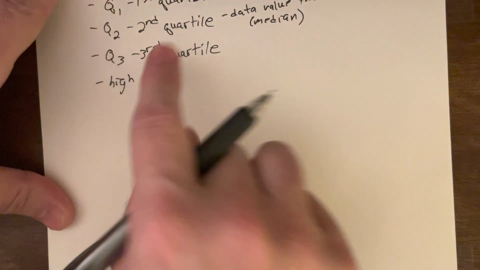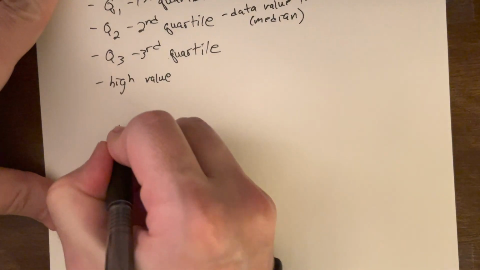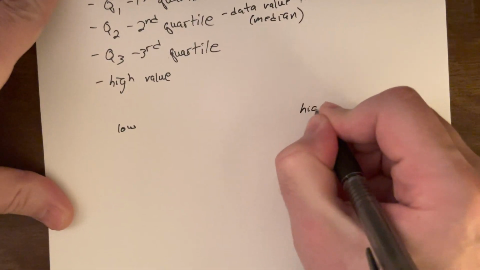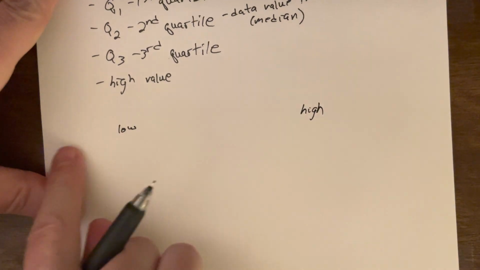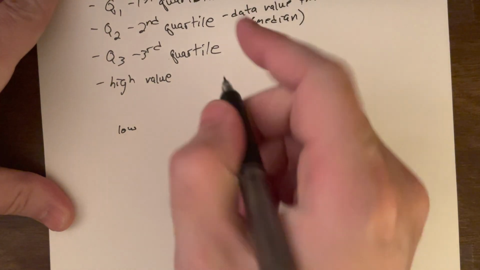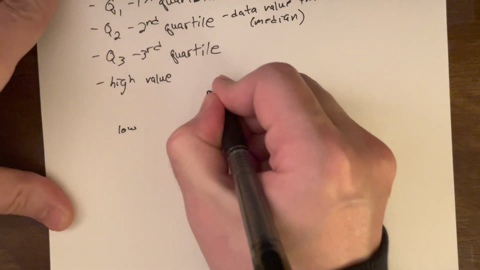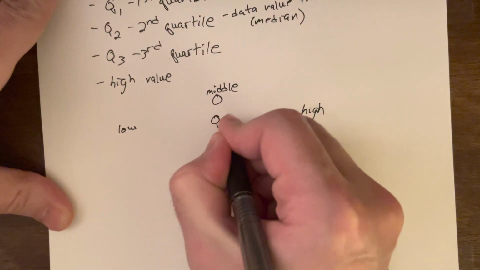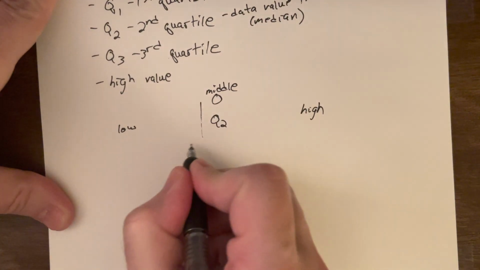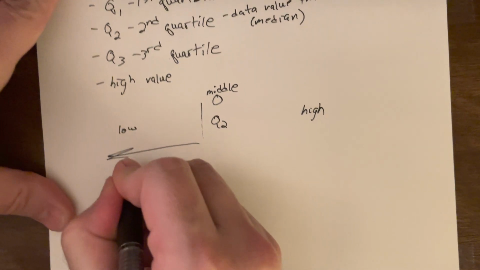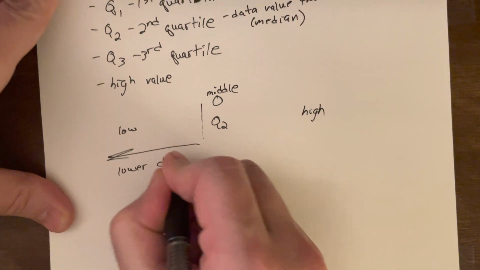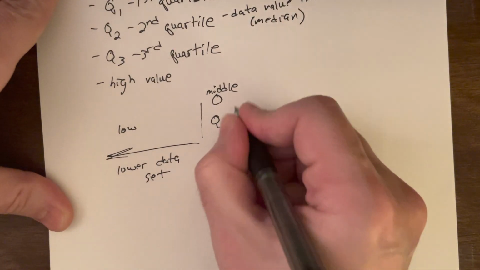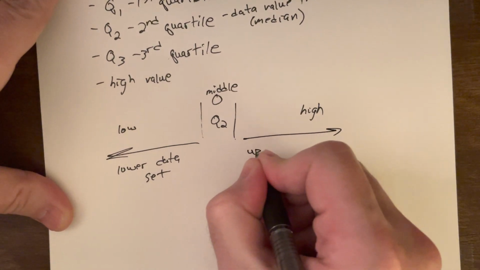So that's kind of what we're going to see here. I'm going to try and draw this out a little bit. So we've kind of already established the low and the high come up pretty quickly. You've got all your data in order. So now you identify this middle. So that's your Q2. So now everything less than that, that's the lower data set. And everything bigger is the upper.